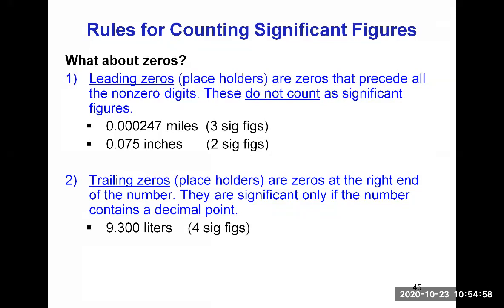For example, in 9.300 liters, there are 4 significant figures because we see the decimal point, so the zeros that come after the 3 are significant. In 150 kilograms, there are only 2 significant figures because the 0 here is not significant. To make it 3 significant figures, you would have to write 150. kilograms, with a dot.